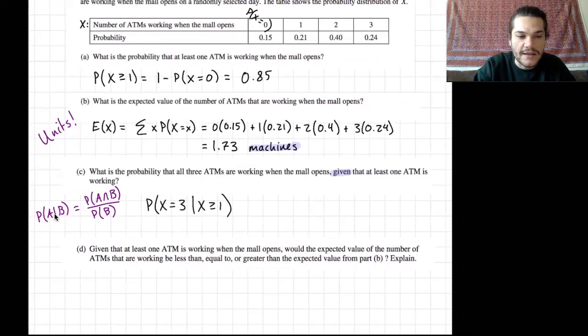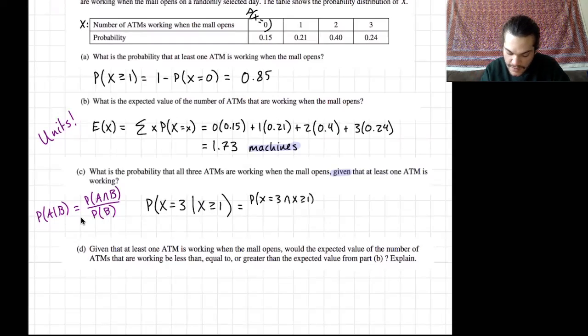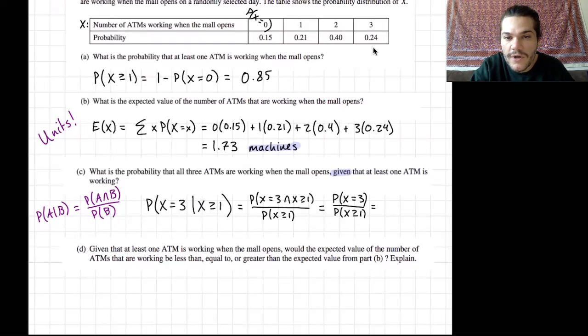So now let's unwind this conditional definition. So we want the probability that x is 3 and x is greater than or equal to 1 over the probability that x is greater than or equal to 1. But if x equals 3 and x is at least 1, that's just x equals 3. So we have the probability that x equals 3 over the probability that x is greater than or equal to 1, which is 0.24 divided by what we previously found to be 0.85.